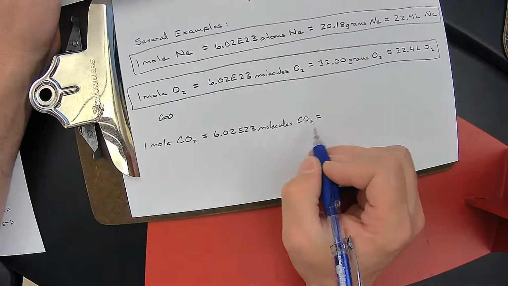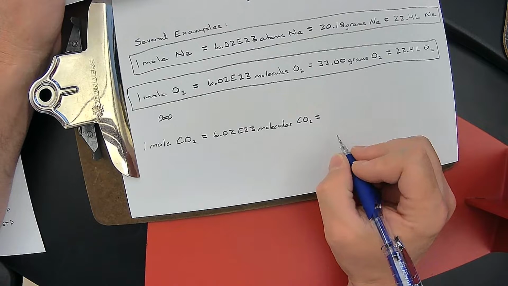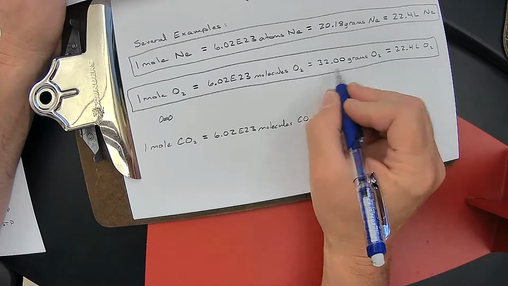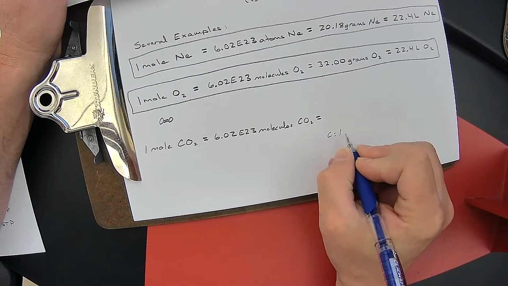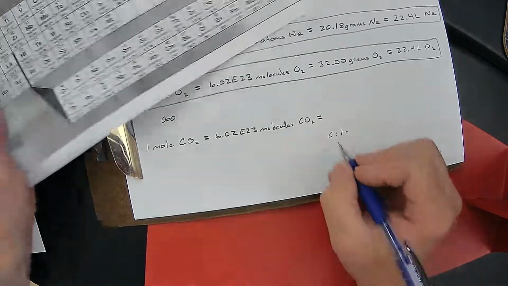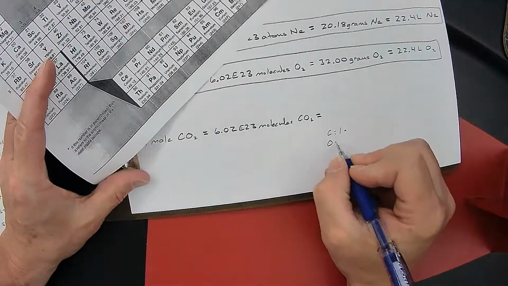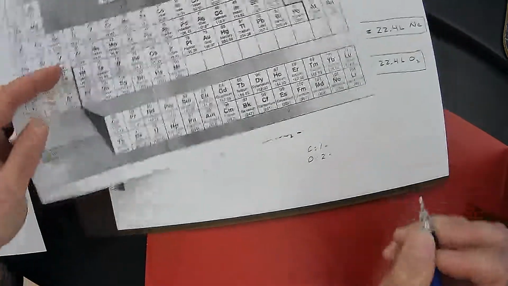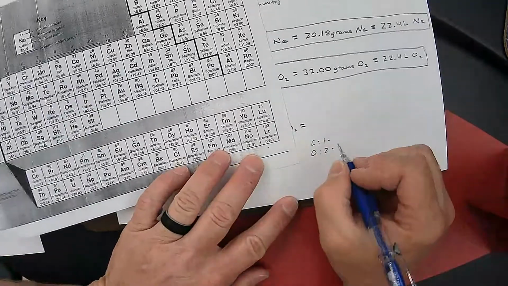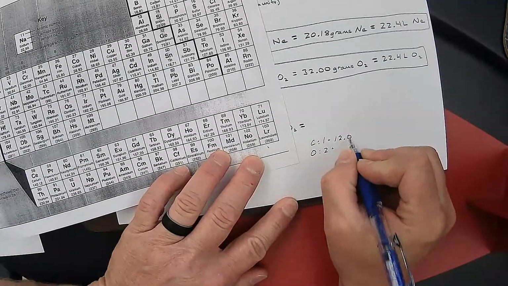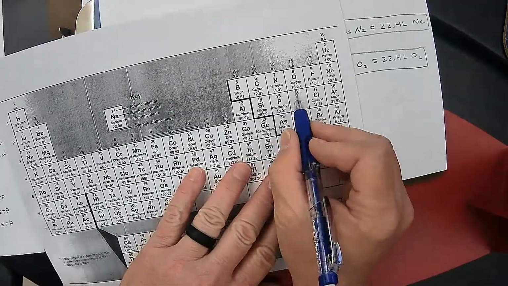Now, this is a little more complicated, so I'm going to spend a little bit of time figuring out what these numbers are here. So, as we did in a previous video, we have C's and we have O's. C is 12.0, and I'm going to start rounding to the nearest tenth instead of to the nearest hundredth.